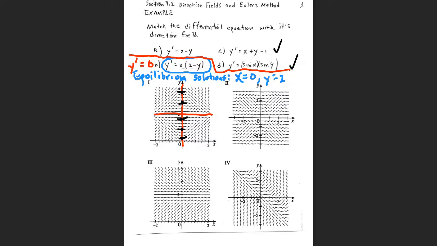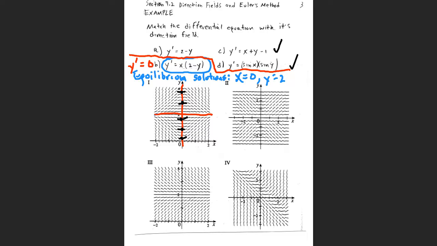Graph 2 is also flat, Ange, but, good question. Graph 2 is flat along that vertical y-axis.